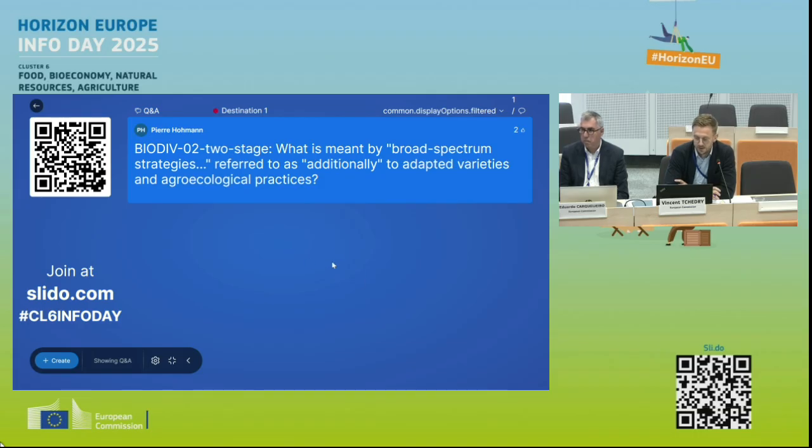So here, broad spectrum. By this we mean, as an example, agroecology. But again, this is not the only approach. It should be looked at because farmers implement different techniques on different crops, and they try different things along the year or every other year. So it should be looked at from a bit of a broader perspective. Thank you.